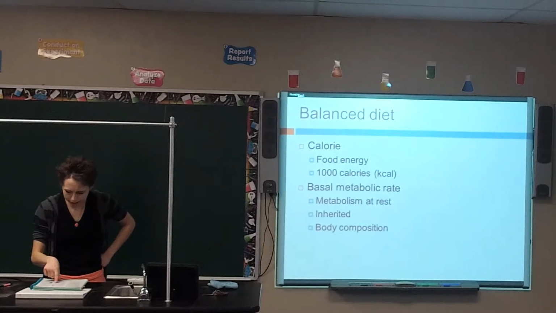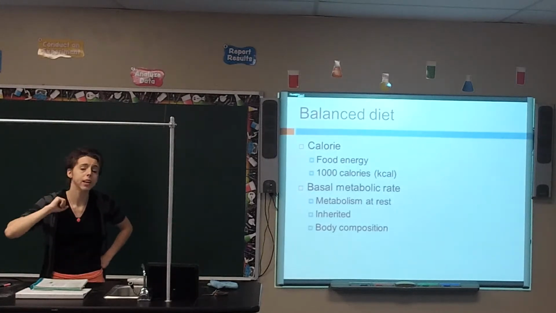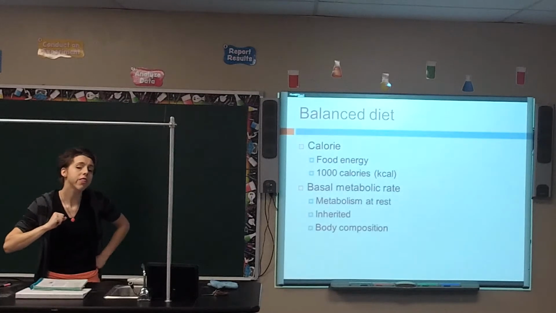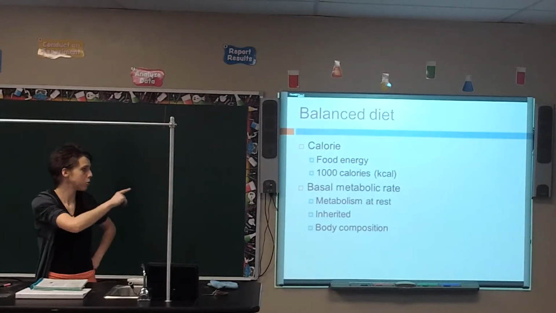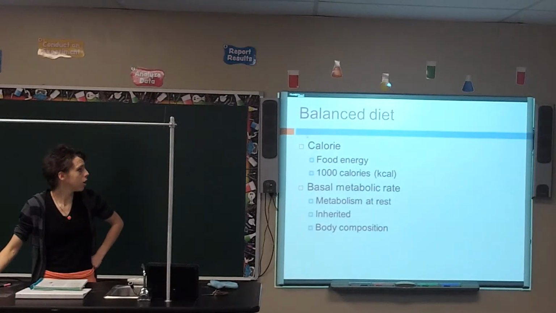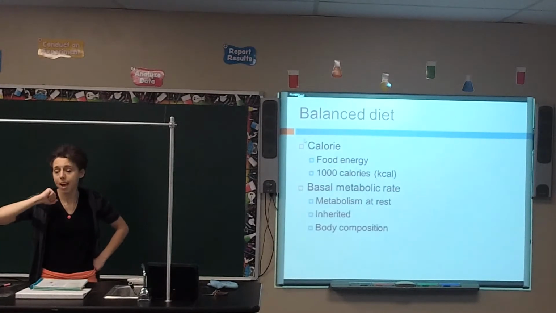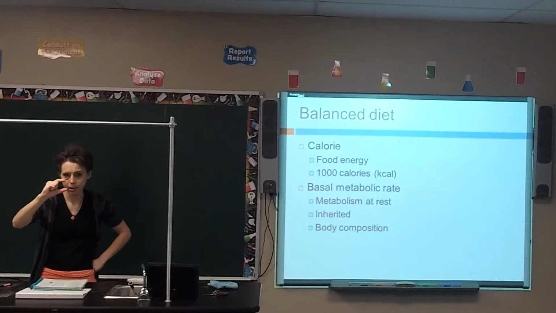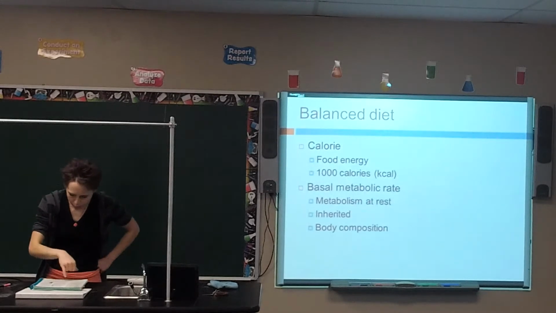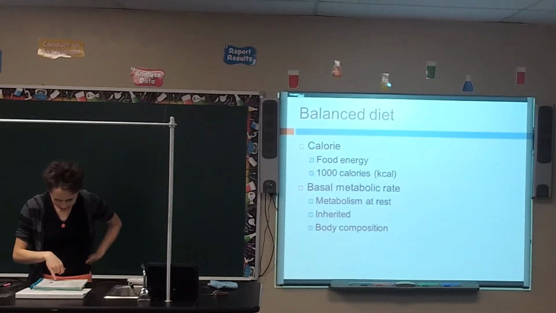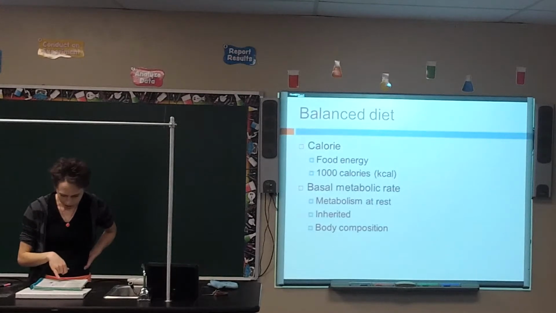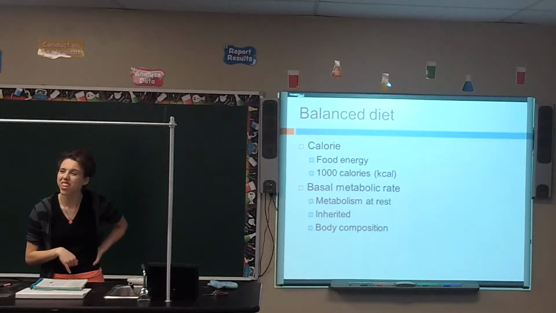So your book points out a Calorie with a capital C technically is 1,000 calories. That's what kilo stands for. So even though we refer to it as 1 Calorie with capital C, technically it's 1,000 little c calories. Your book points out that the lowercase c is sometimes used in chemistry and physics.